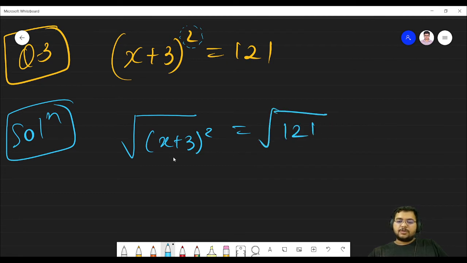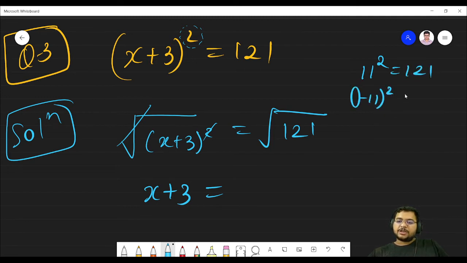Now it will give us x + 3 on the left-hand side, as the square and the square root cancel. Here, 11 squared equals 121, and the square of negative 11 is also 121. So we get plus and minus 11, as we did in the last class.